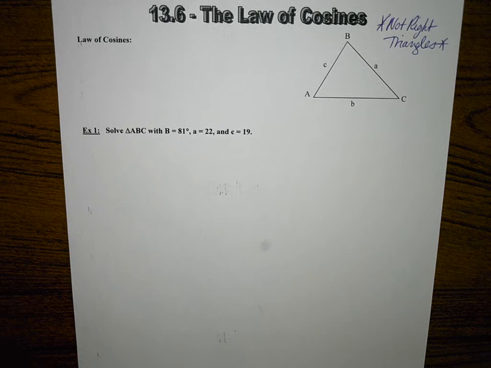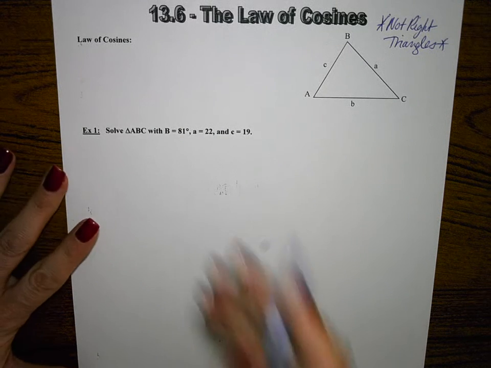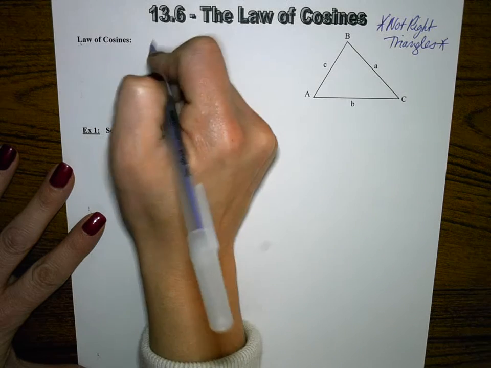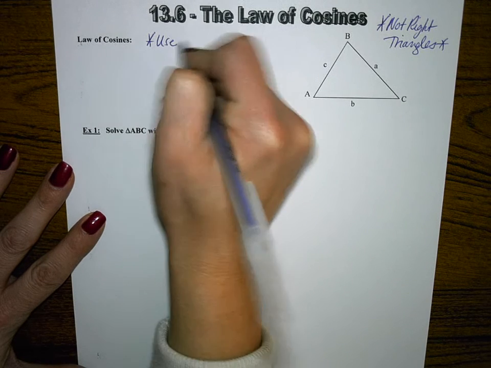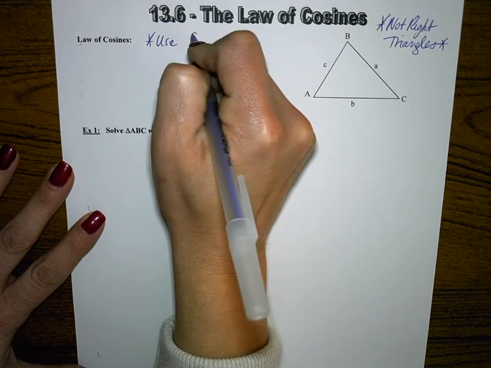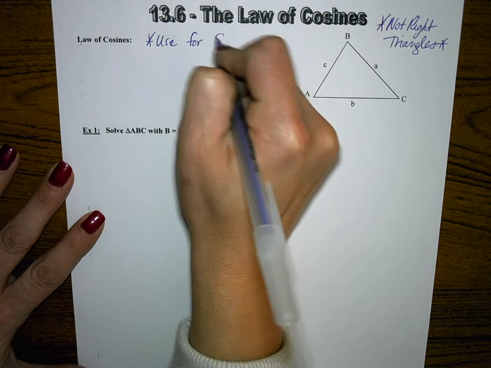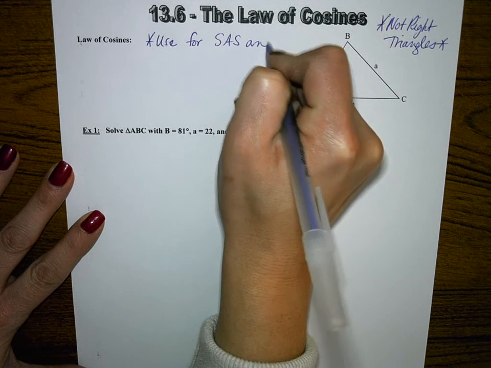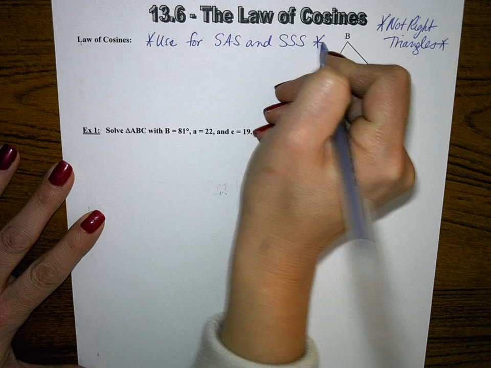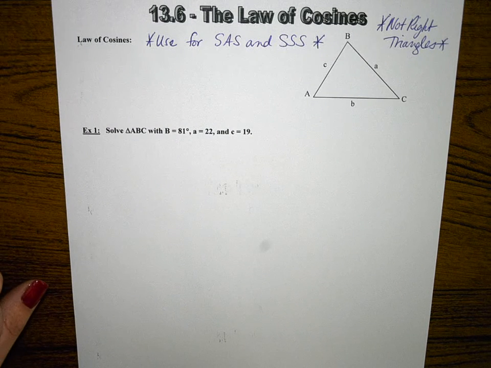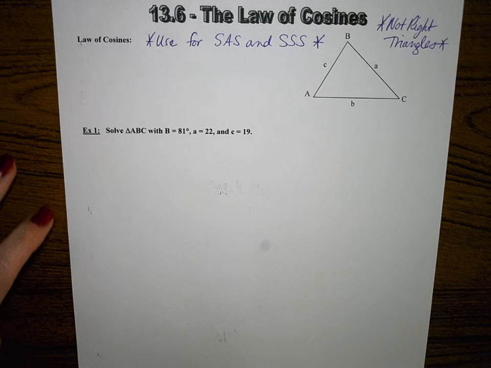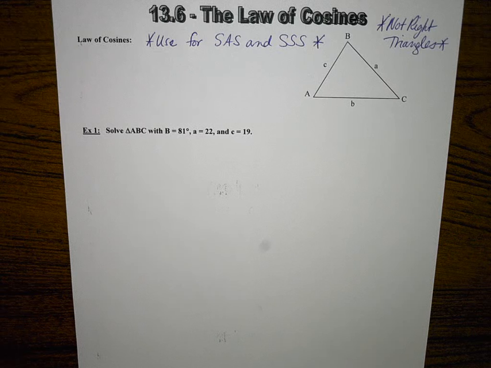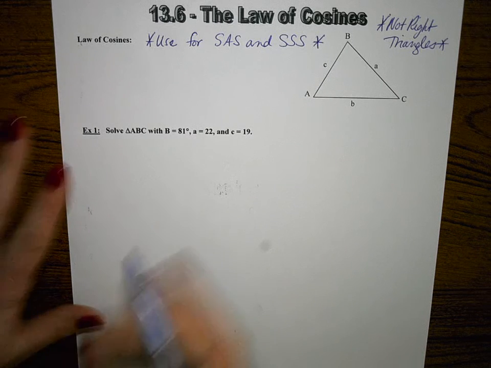We do not know an angle with the side opposite it, which means that you're going to use law of cosines in situations when we have side angle side and side side side, when you don't know an angle and the side across from it.